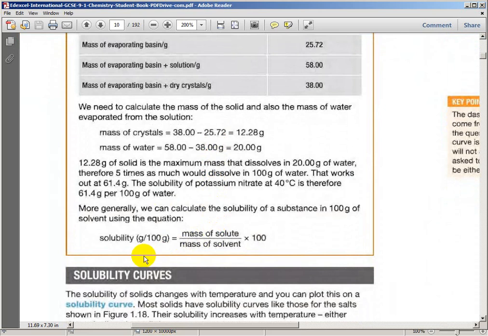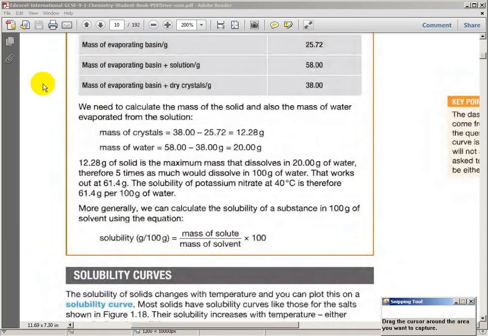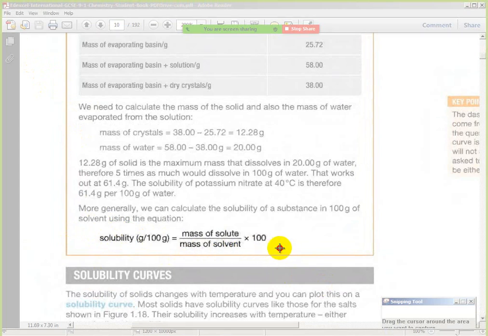Okay, to find solubility in gram per 100 gram of solvent, the mass of solute and the mass of solvent are required. To find the solubility, which things are required? The mass of solute and the mass of solvent.